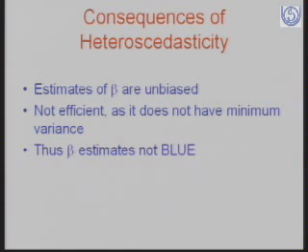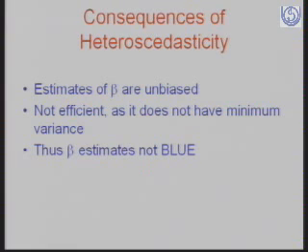So what are the consequences? What happens when we have the problem of heteroscedasticity? In this case, again, the estimate of beta is unbiased. If we estimate the OLS model in the presence of heteroscedasticity, we still get unbiased estimates of beta.